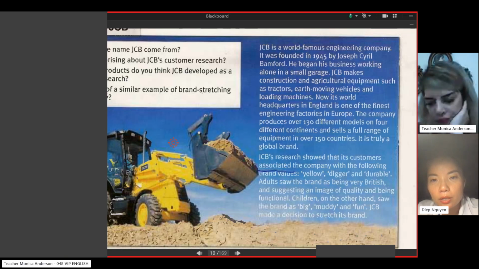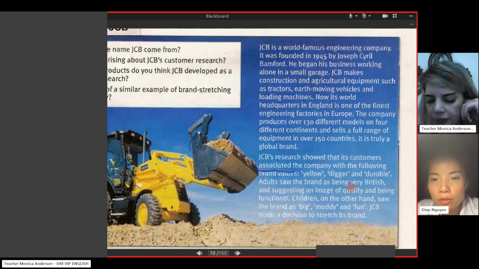JCB research shows that its customers associate the company with the following brand values: yellow, legal, and durable.